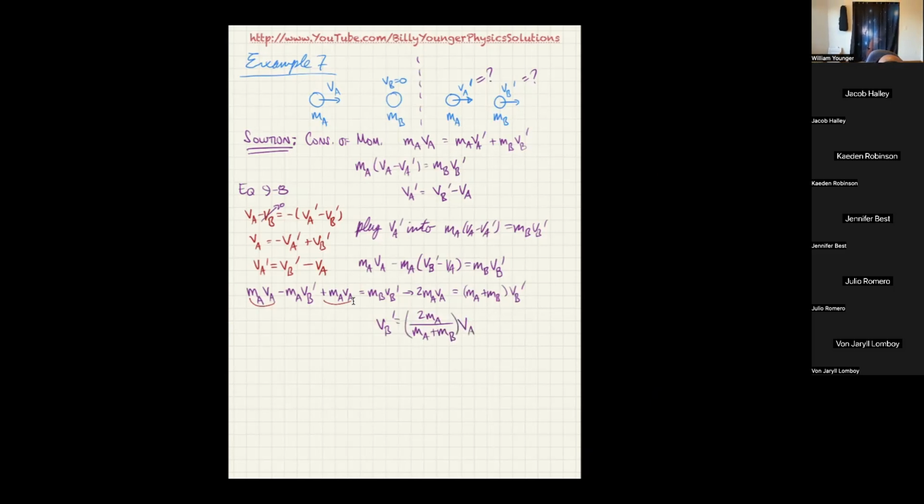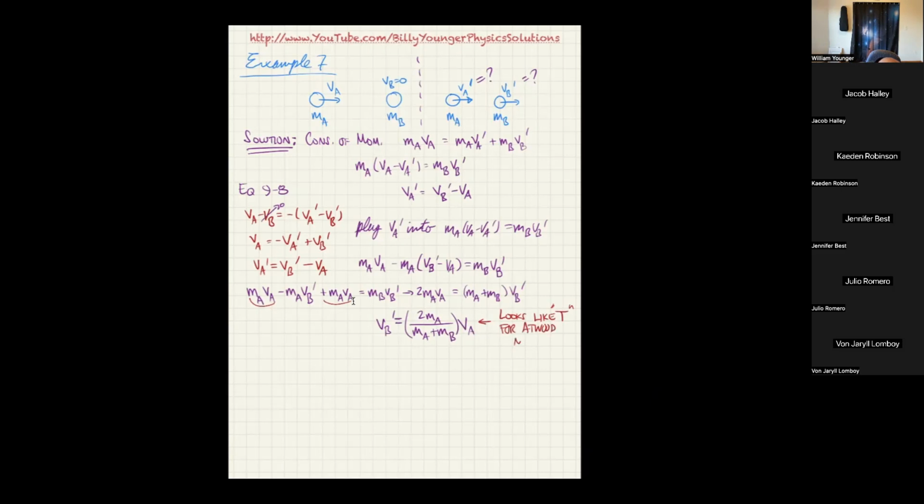Now, you might notice that looks a lot like the tension equation we had for the Atwood machine. So it looks like the tension for the Atwood machine.